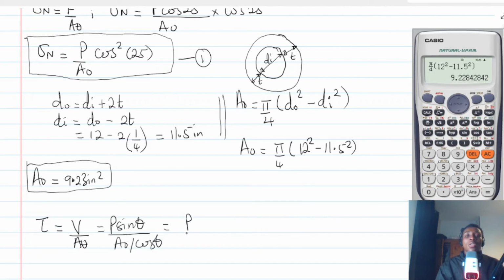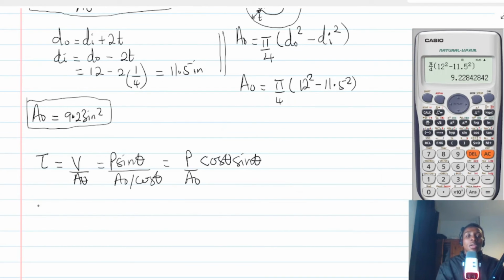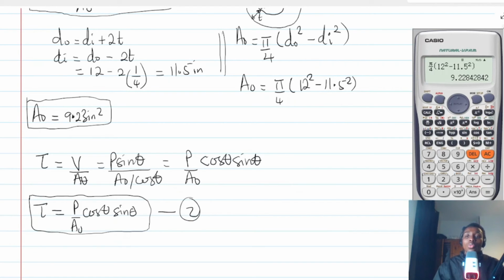So it will be P over A naught cosine theta sine theta. From here, our tau can be written as P over A naught cosine theta sine theta. Now, interestingly, what we have here is equation 2.